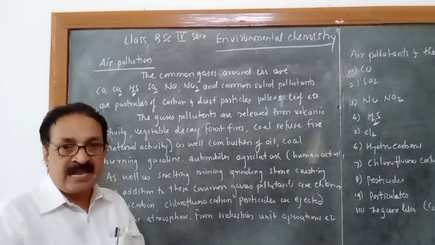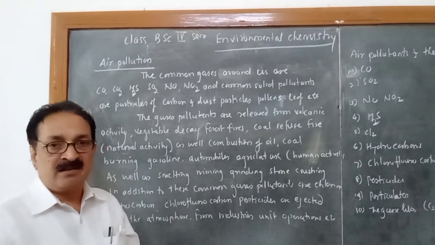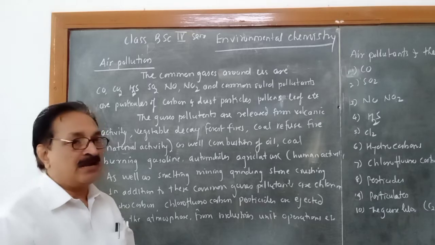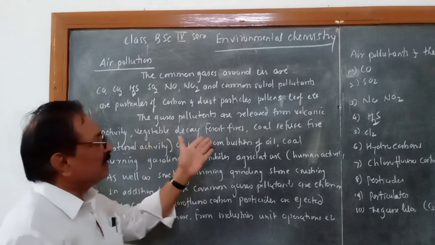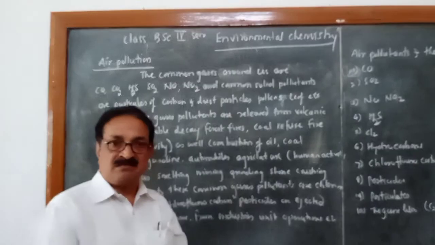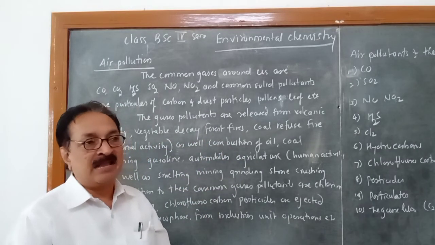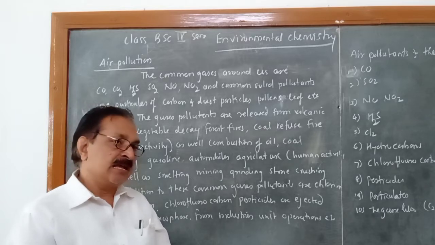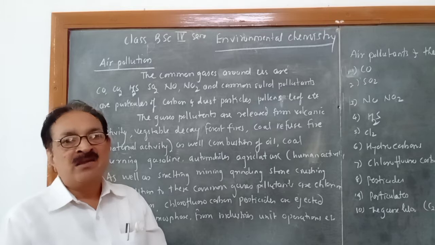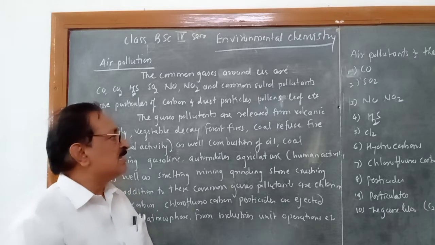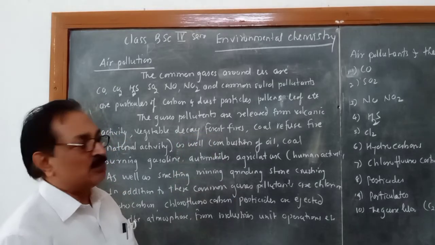Due to that decay, unwanted chemicals are liberated which have a very bad odor. Then forest fire, you know, forests are attacked by the fire. What happens there? The coal, charcoal, even smoke is liberated, and that is also spread in the atmosphere.